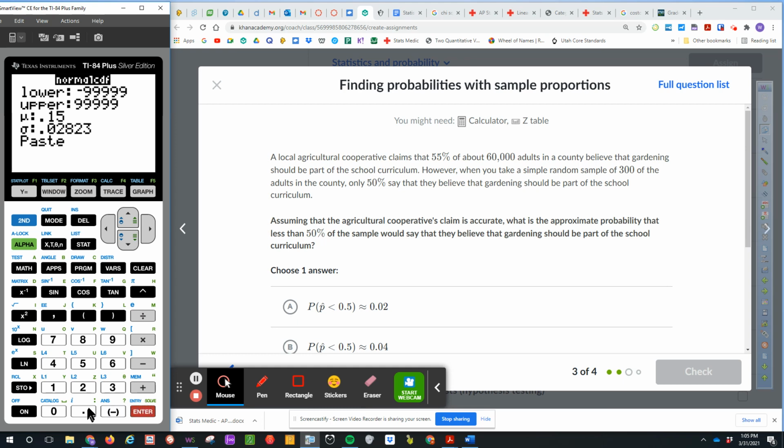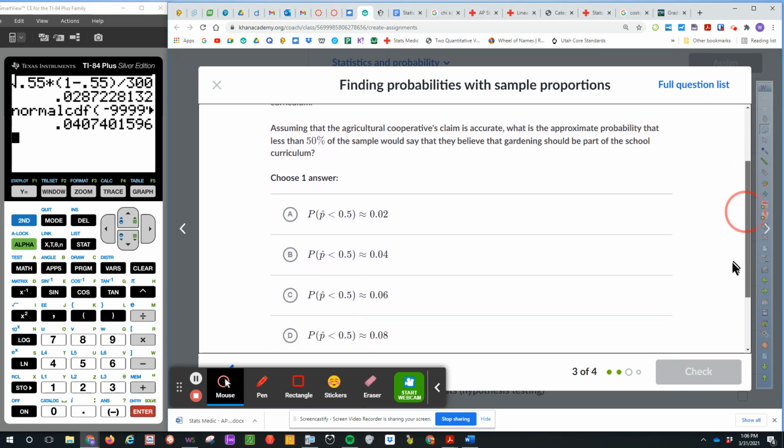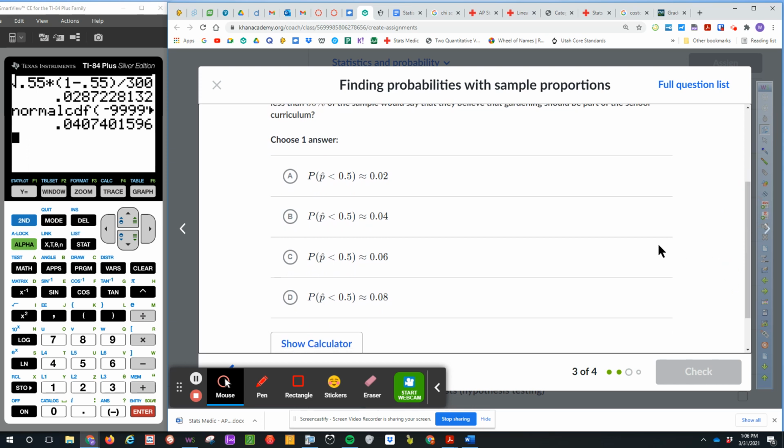And my upper bound is 0.5. And my population proportion is 0.55. Oops. Delete. Okay, 0.55. And I need to clear this. My standard deviation of the sampling distribution of sample proportion is 0.0287. So it's supposed to be close to 0.04.